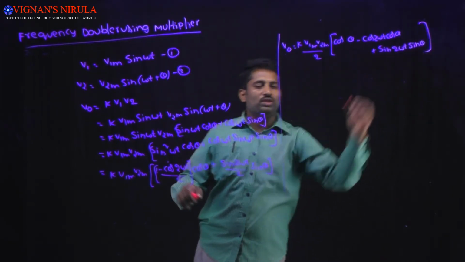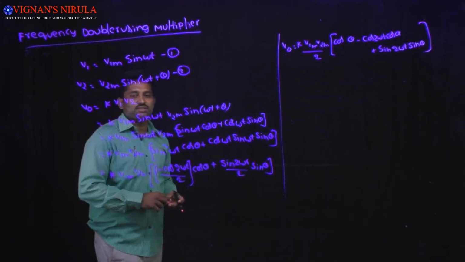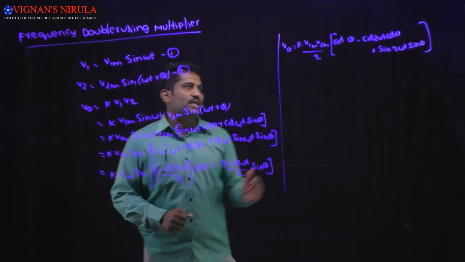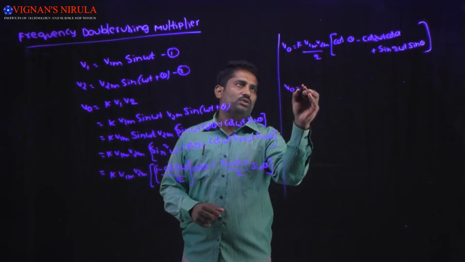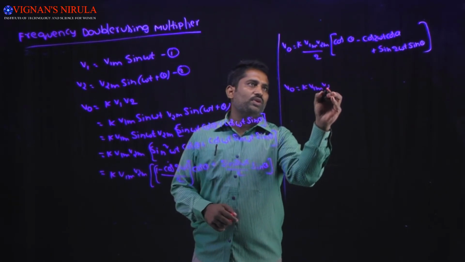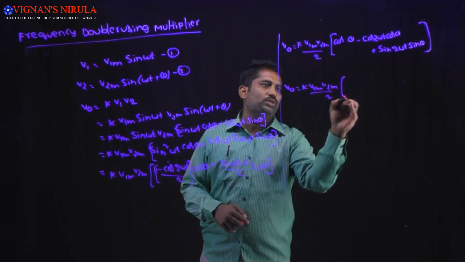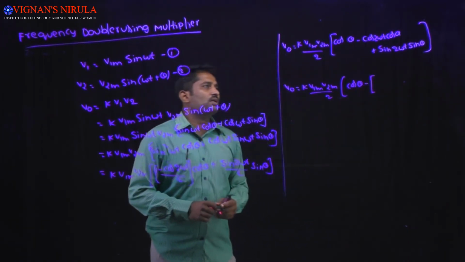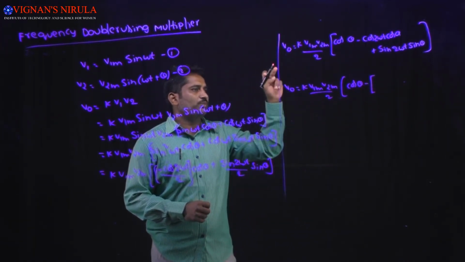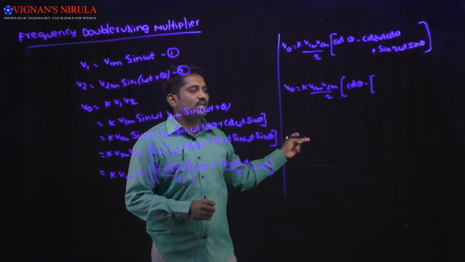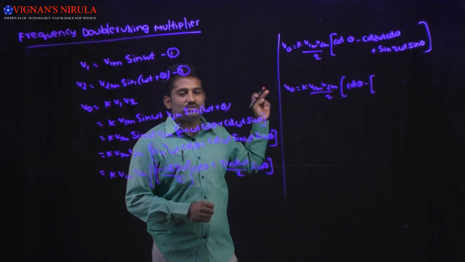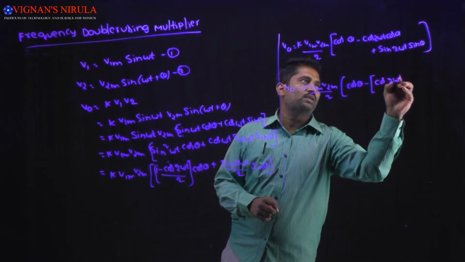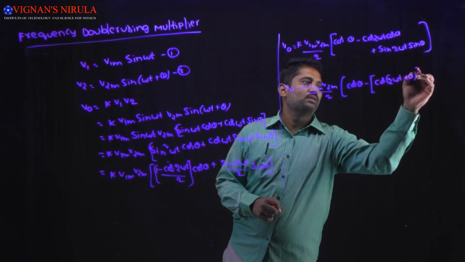And we all know that cos A cos B plus sin A sin B is equal to cos of A minus B. By using that expression, V0 is equal to K into V1m into V2m divided by 2 into cos theta. If you take minus as common, then cos A cos B minus sin A sin B, which is nothing but cos of A plus B. So cos of 2 omega t plus theta.